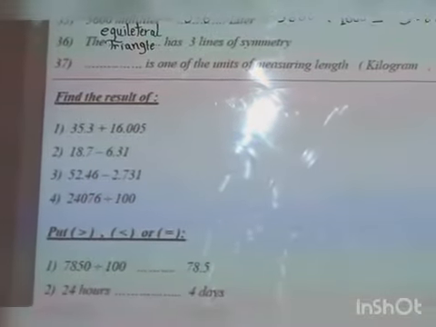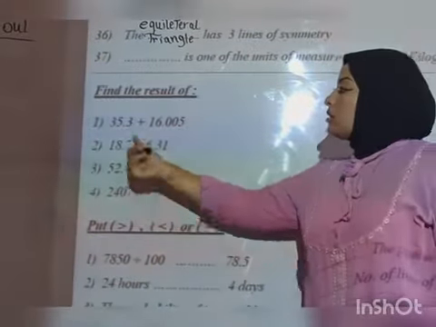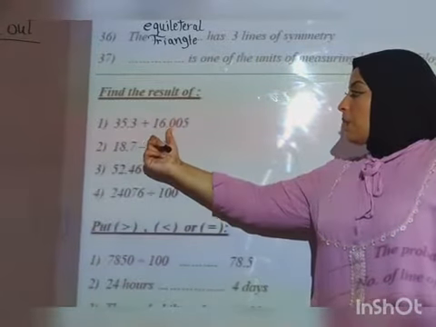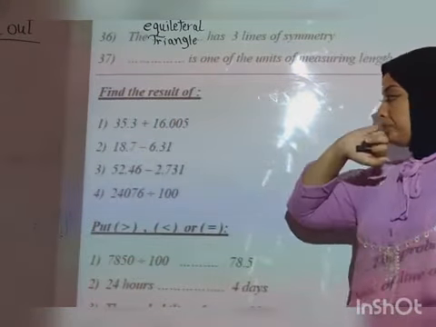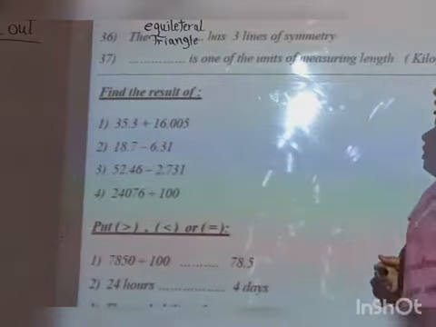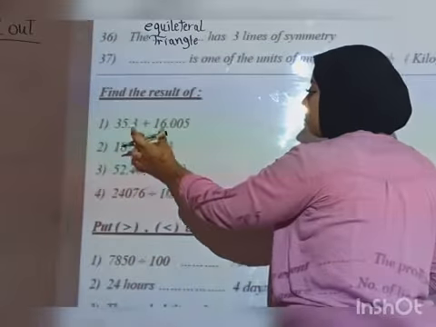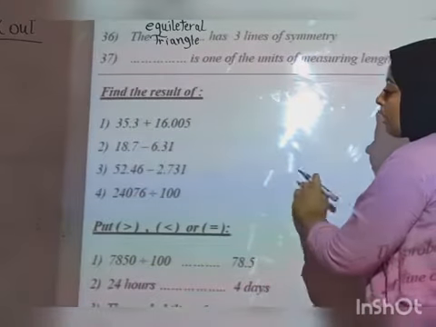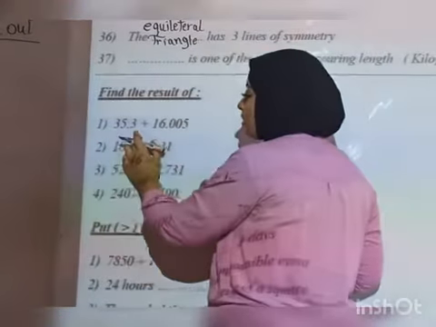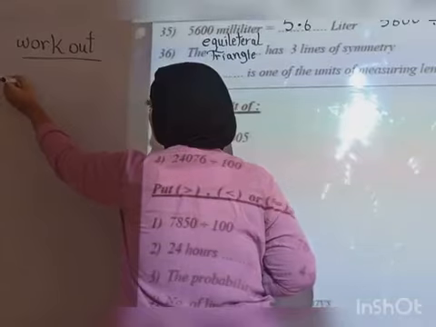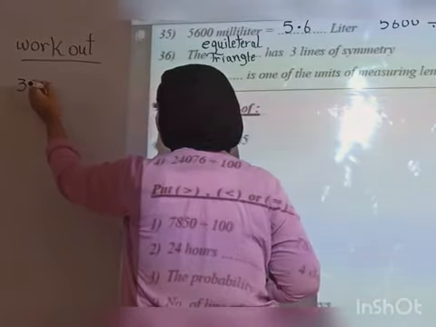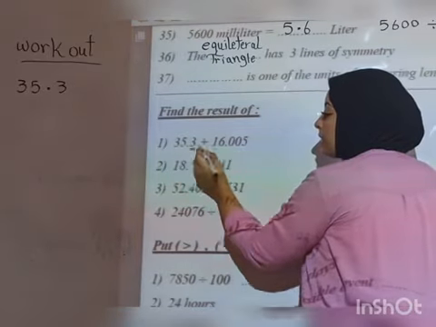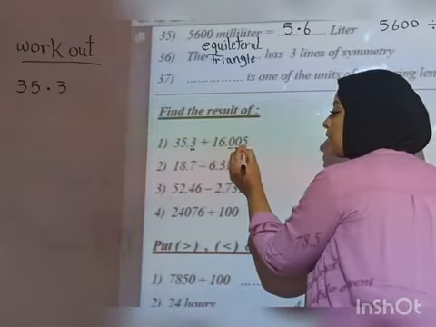Now find the result of number 1, 35.3 plus 16.005. To find the result of this, we will take it to the workout. 35.3. Look here, we have 1 decimal place, but here we have 3 decimal places.